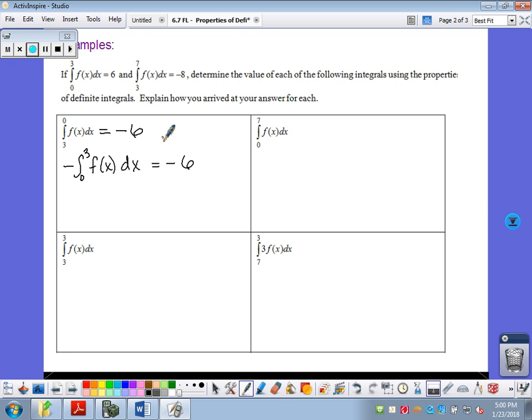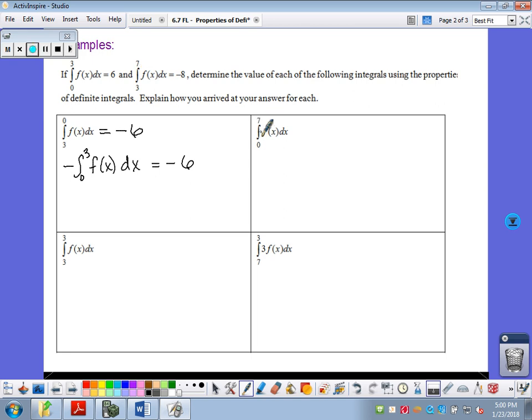Okay. The next example that we have is an integral from 0 to 7 of our function. We don't know any information specifically from 0 to 7, but we do have from 0 to 3 and from 3 to 7. So if you look back at our rule number 5 on the previous slide, we can break apart our intervals and have them be added together.